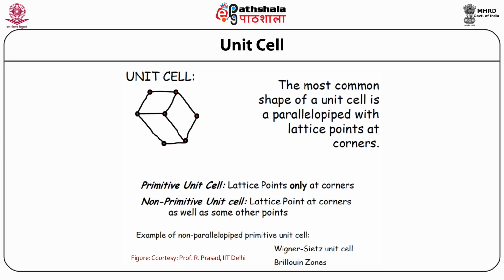A unit cell may be of two types, primitive unit cell and non-primitive unit cell. A primitive unit cell has lattice points only at the corners, whereas a non-primitive unit cell has lattice points at the corners as well as some other points. Examples of non-parallelopiped primitive unit cells are the Wigner-Seitz unit cell and Brillouin zones.